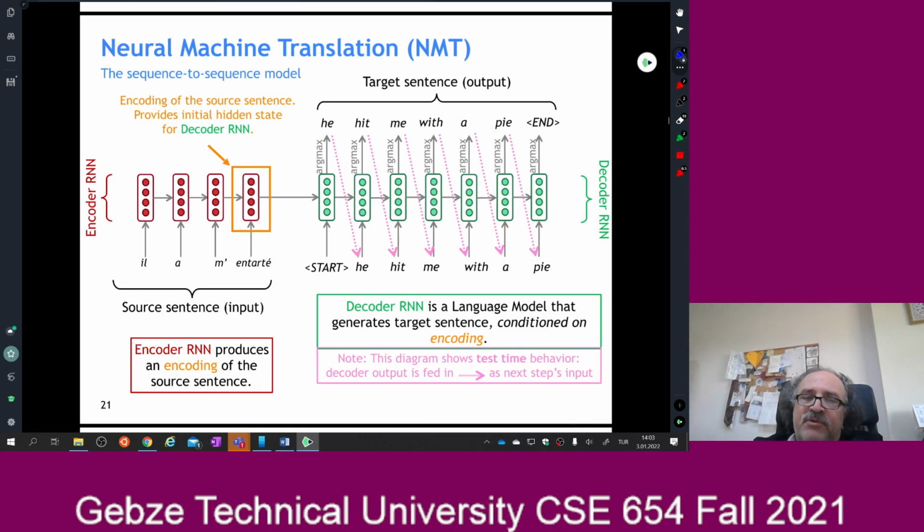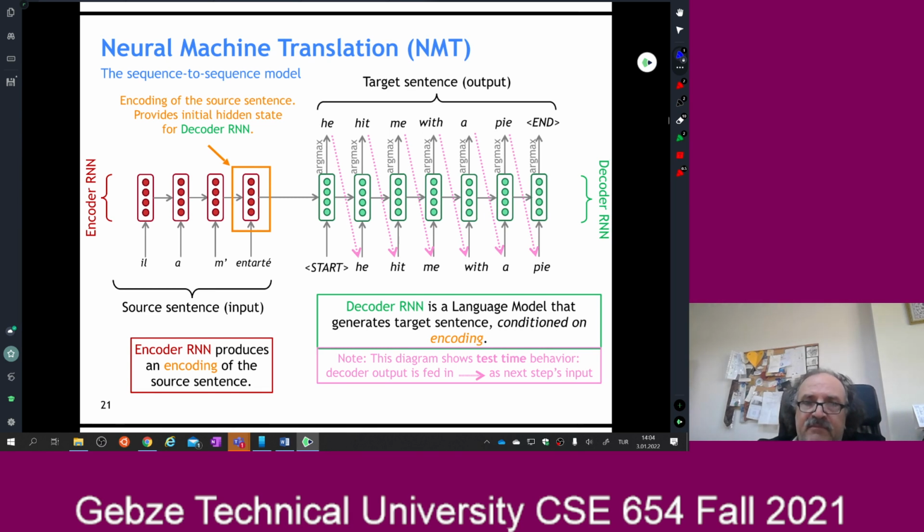I put in a special word, start, and this one starts producing the corresponding English words one by one. First it produces he, I take this he and feed it in here, and it goes that way. So it produces he hit me with a pie. This is the encoder network, and this is the decoder network. Their parameters are different. These are called encoder-decoder structures, and they're based on RNNs and LSTMs.